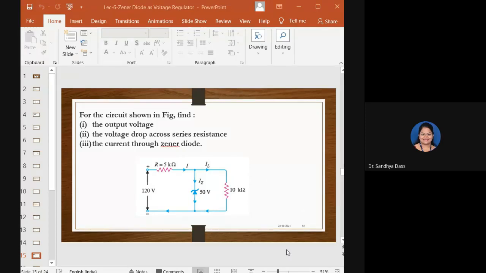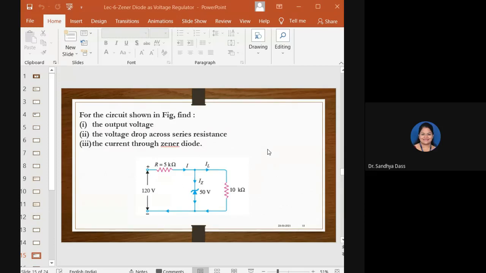I will give you the hint. The output voltage, as you know, is what you measure across this RL, where the Zener diode is connected in parallel. Second hint, for the voltage drop across the series resistance, apply KVL in the first loop. From the KVL, you will get the voltage drop across the series resistance.